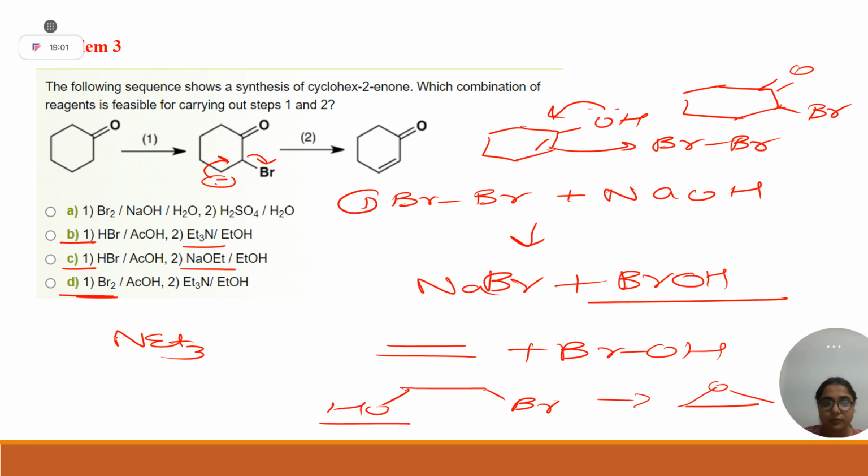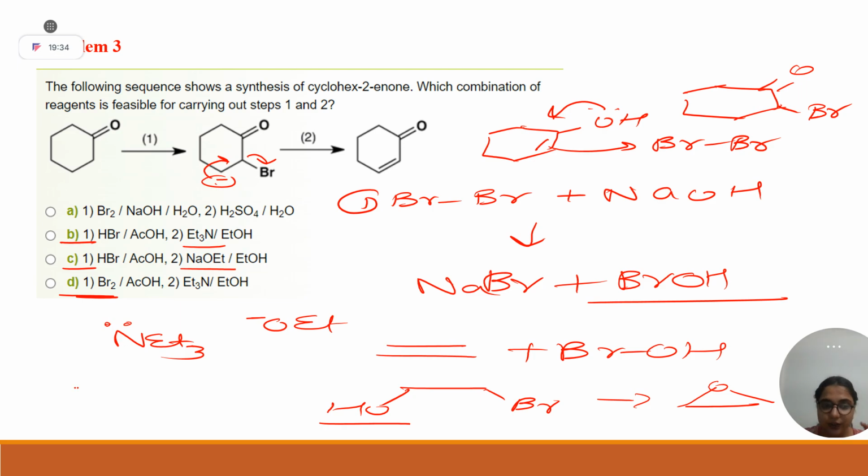Can anyone tell me a basic definition of base? Proton acceptor. Okay. But if we talk in terms of Lewis basicity, what we call the tendency of an atom to give its lone pair, or how easily our atom can give its lone pair to something, that is its basicity, right?